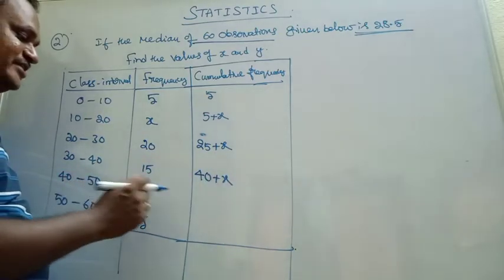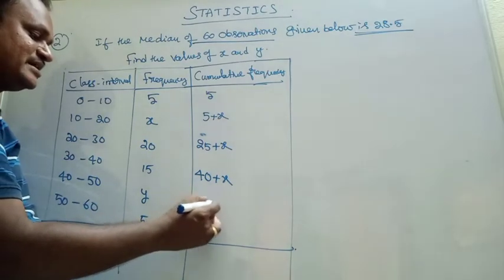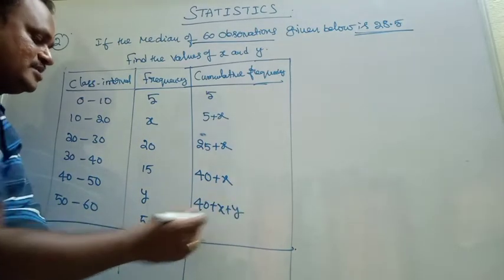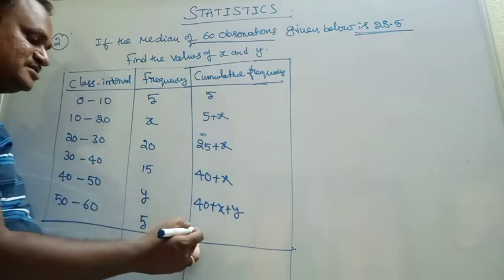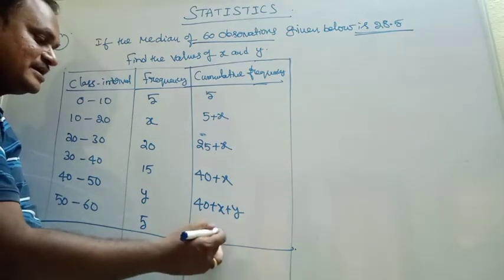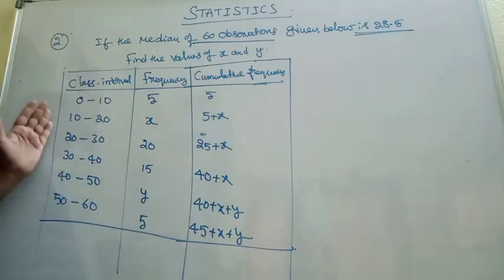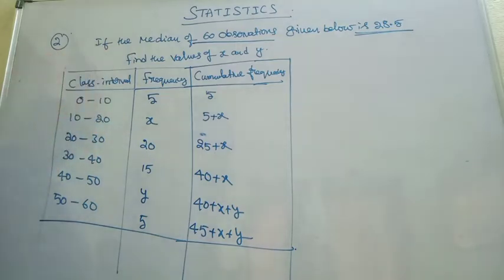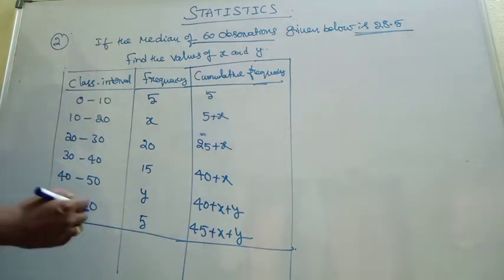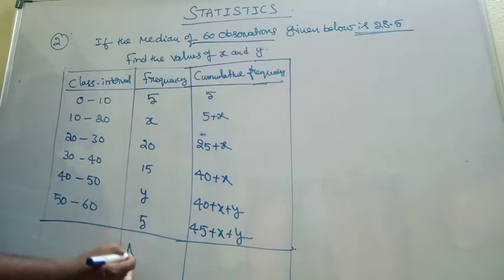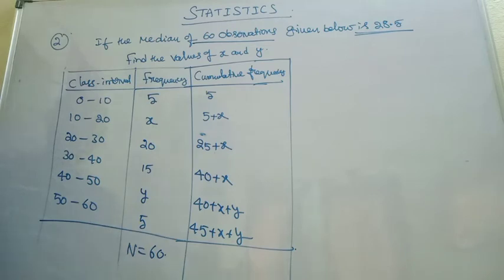Less than 50, you have 40 plus x plus y. Less than 60, this is 45 plus x plus y. This is the cumulative frequency you have here, my dear students. Here are the class interval, frequency, and cumulative frequency. We know how to find the total frequency. They have given that n is equal to 60, right? Fine. Now from this we will get one nice equation.